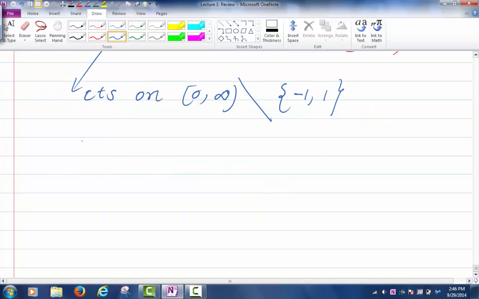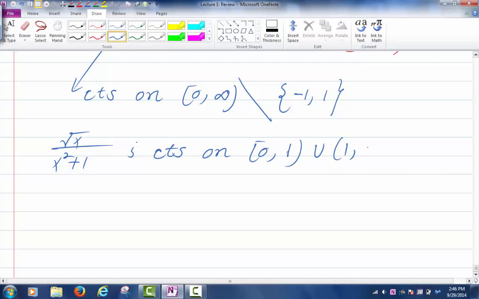So I know that my function root x over x squared minus 1 is continuous on 0 to, yeah, I don't need that -1, sorry. 0 to 1 and then 1 to infinity.